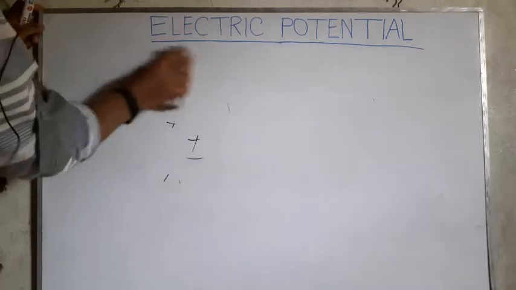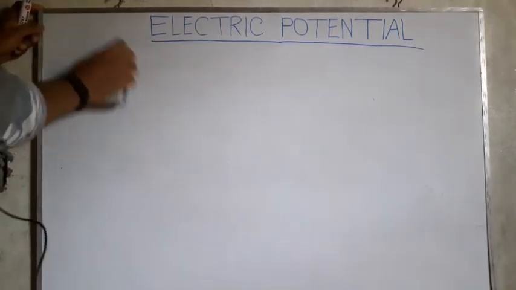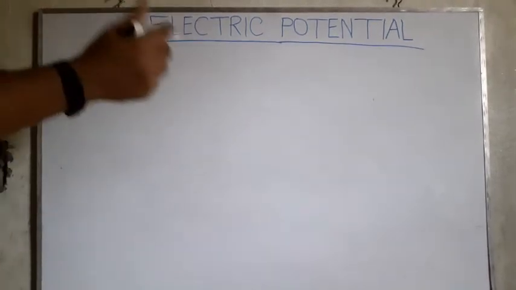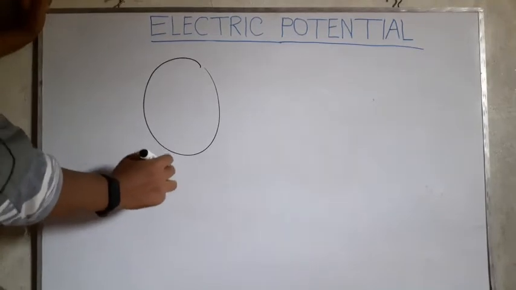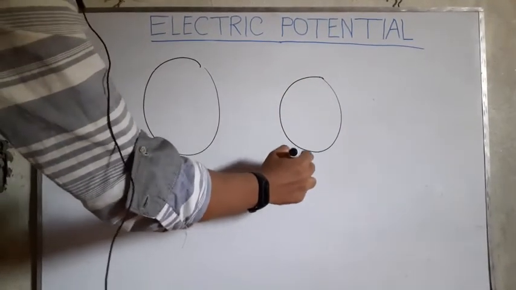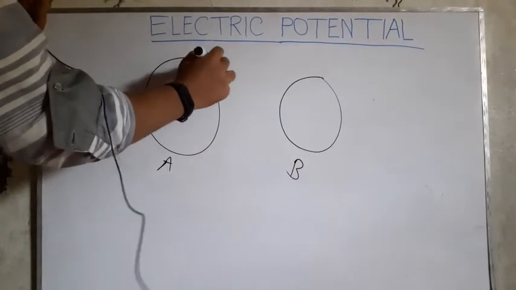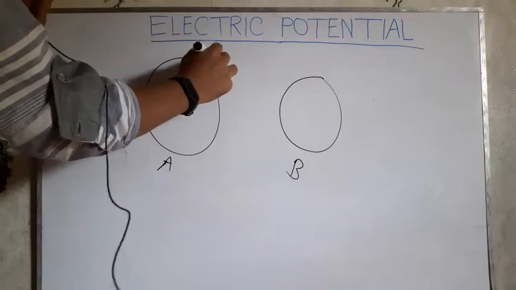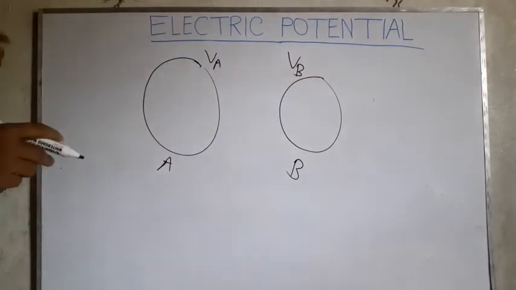Suppose a body A and another body B. Its potential is VA and its potential is VB.